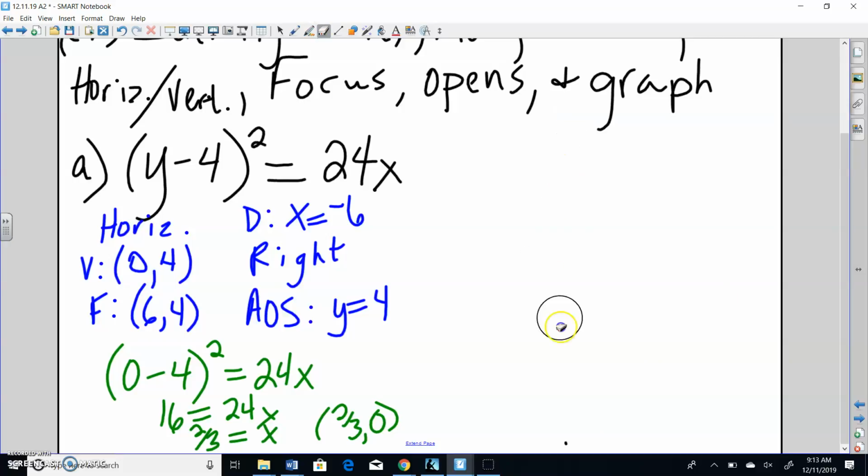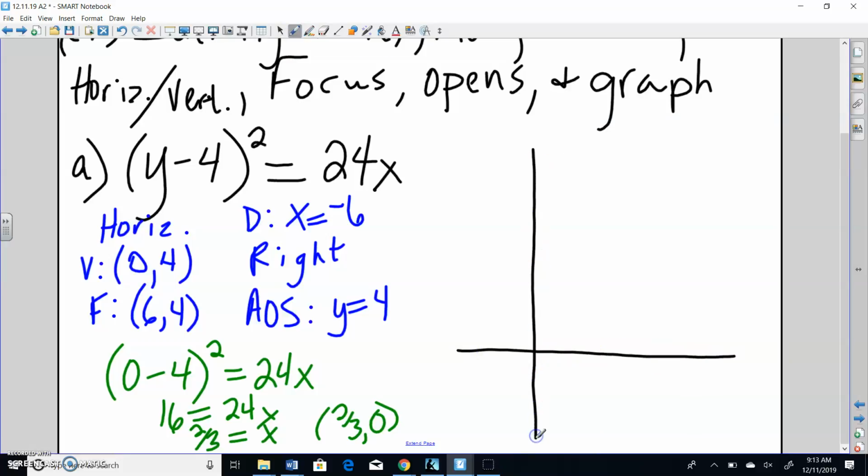You'll have graph paper to use on your assignment. So I think it's going to be more up like this, right? Okay, so we're going to graph. Our vertex we need to graph, and that's at (0, 4).